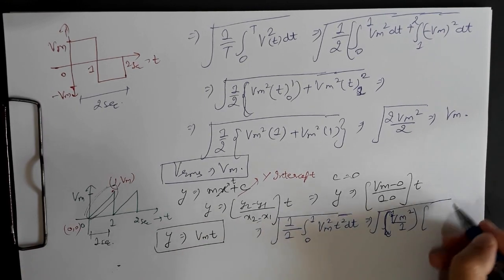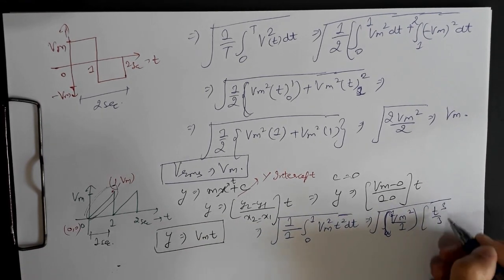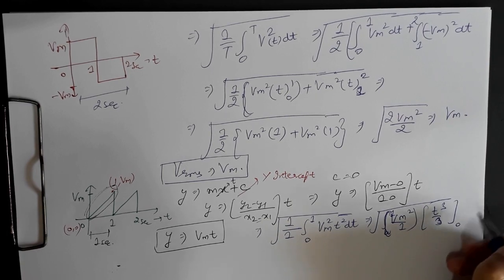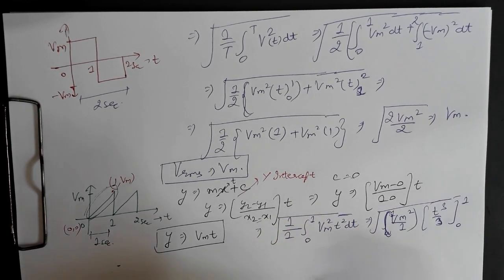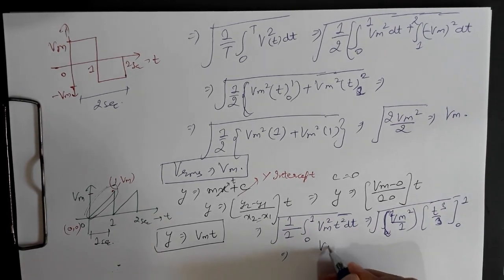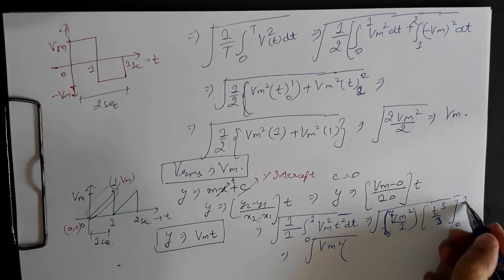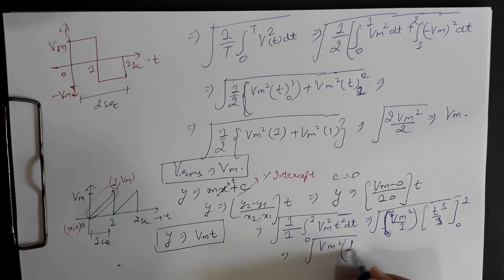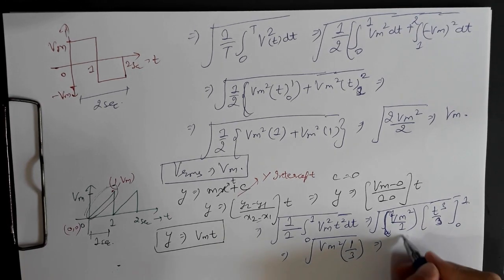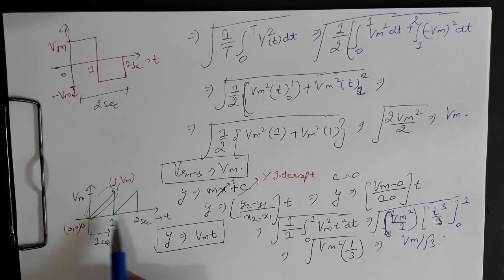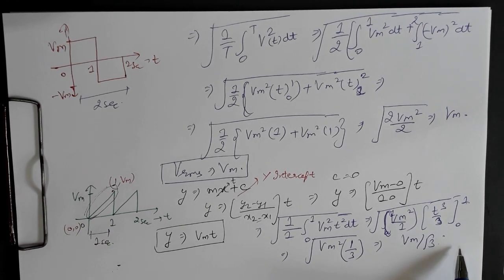Now integration of t square is t cube upon 3 from 0 to 1, which is Vm square, putting the value, 1 upon 3, which gives Vm upon root 3. So friends, the Vrms of this sawtooth waveform is Vm upon root 3.